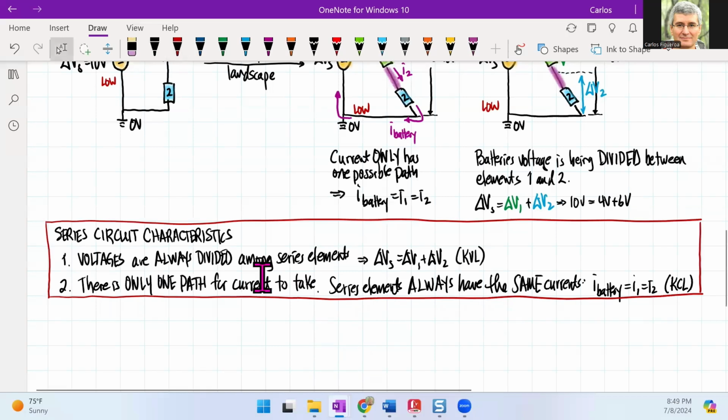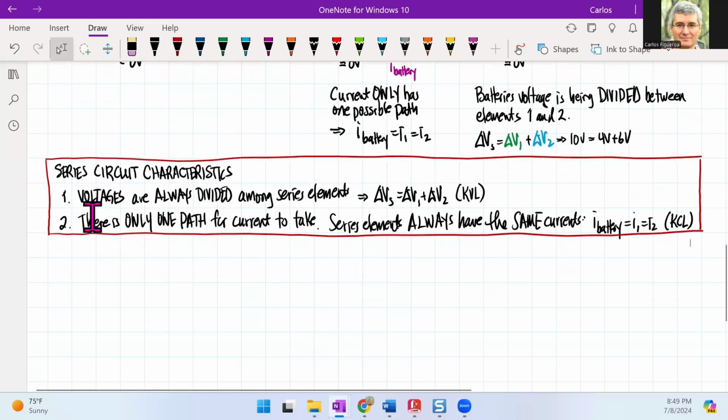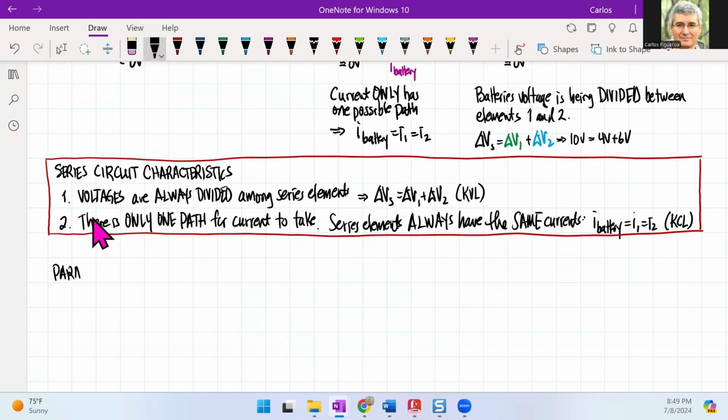Now let's go to parallel. Let's look at parallel circuit fundamentals.